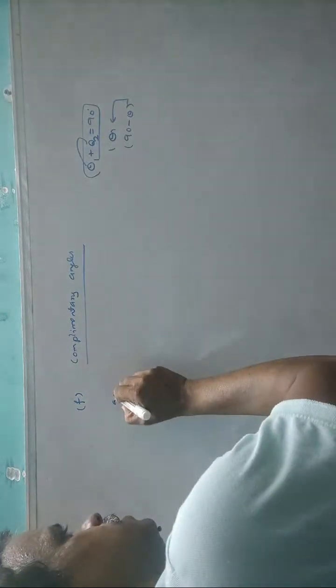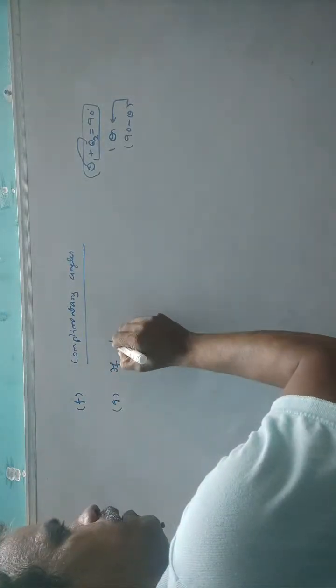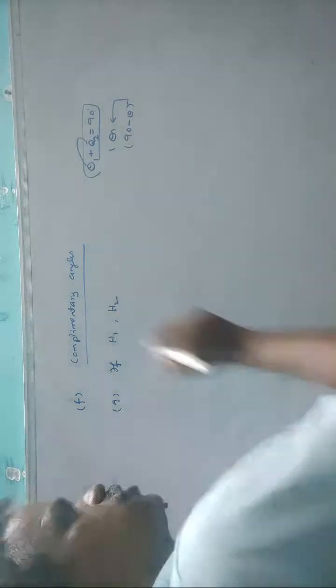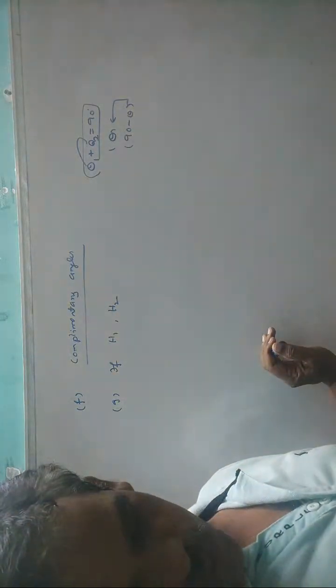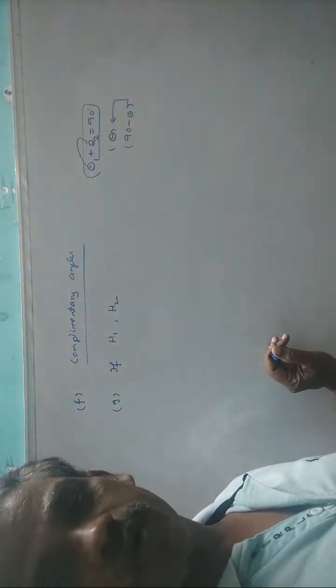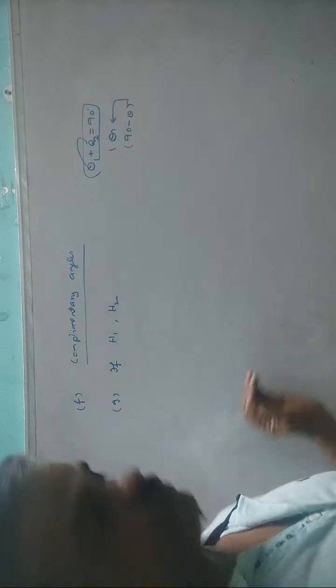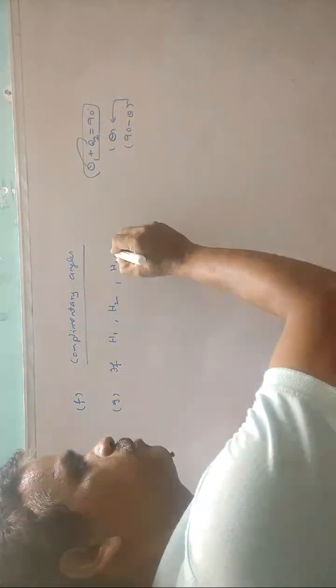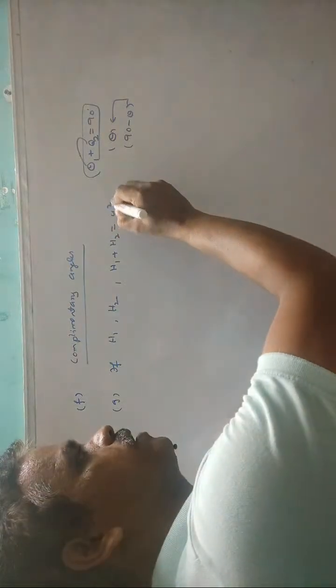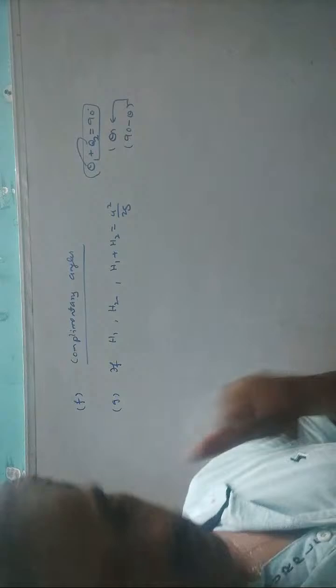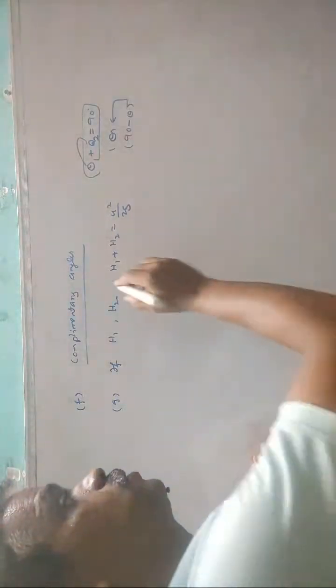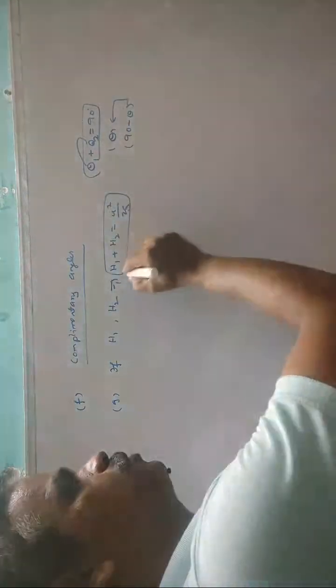That is, if H1 and H2 are maximum heights, then H1 plus H2 equals u square by 2g. So this relation we have to derive.